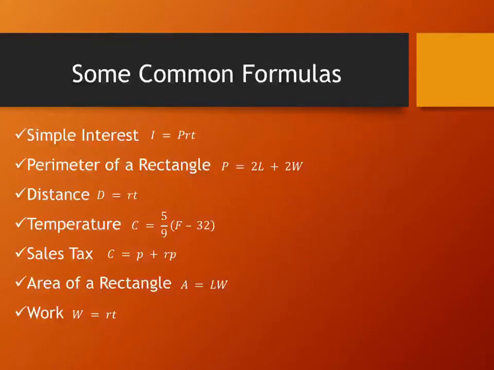Simple interest is I equals PRT. So jotting these things down to the side, I'll say them out loud and you can write them. I is interest. Okay, so that's how much money you make on your money. P is principal. Principal is the amount of money you put into an investment.